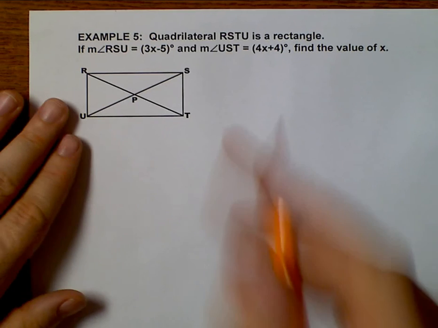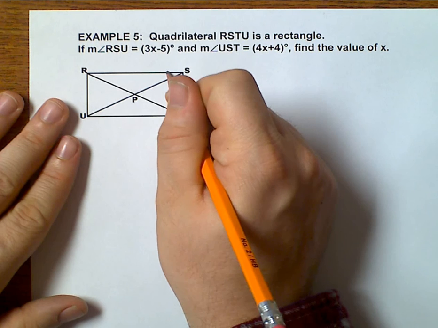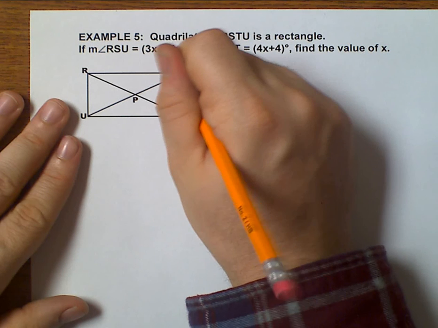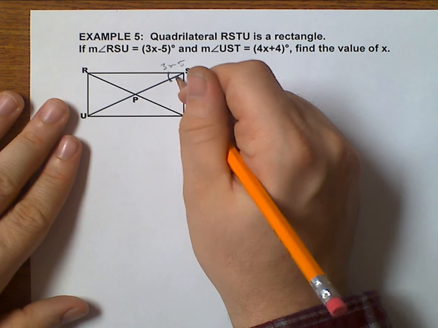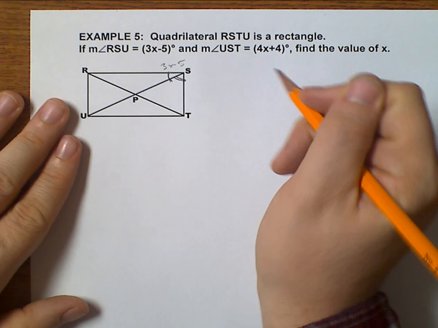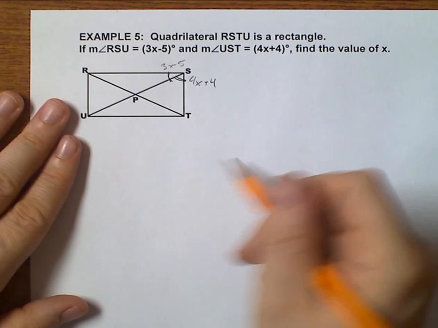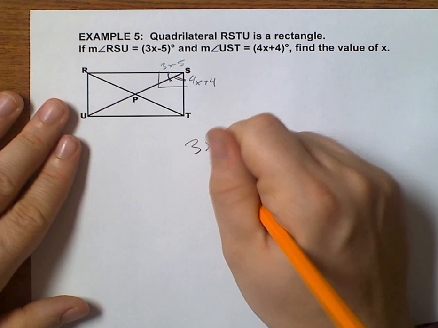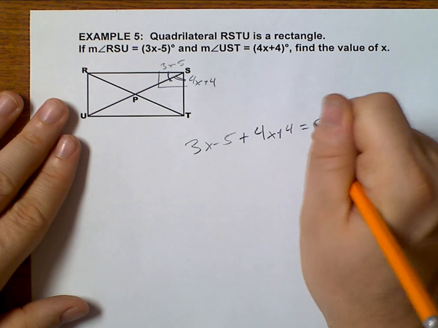And now for our last example. They say that RSU is 3x minus 5, and UST is 4x plus 4. Well, these of course make a right angle, so that means that 3x minus 5 plus 4x plus 4 must equal 90.